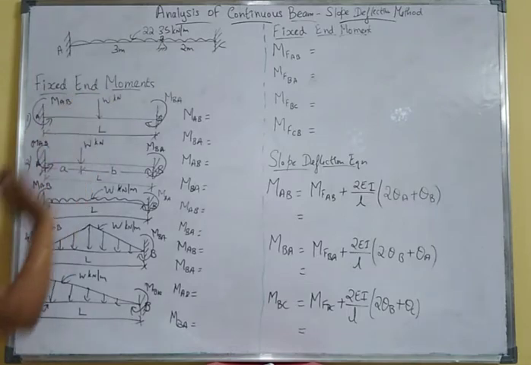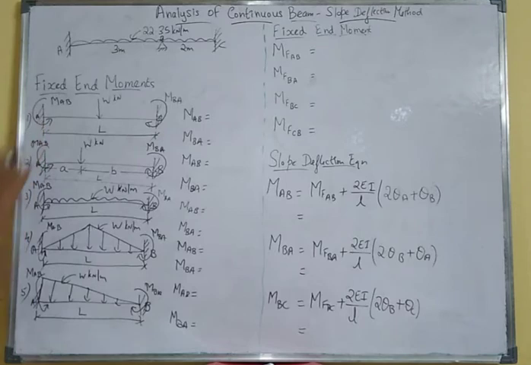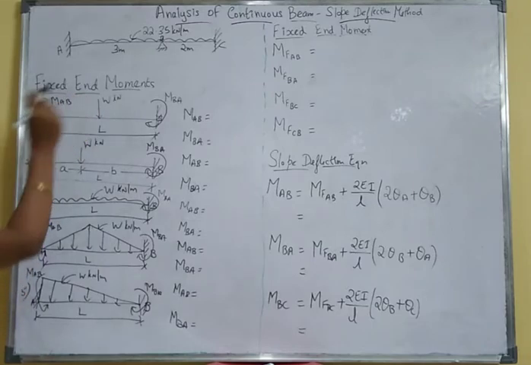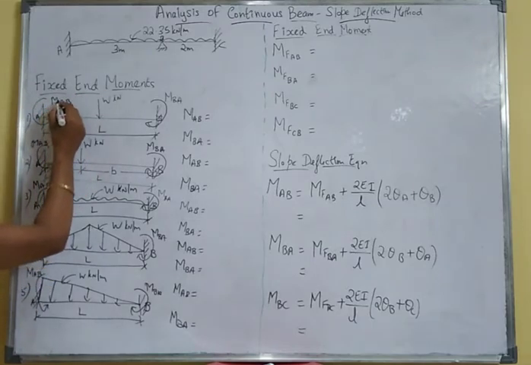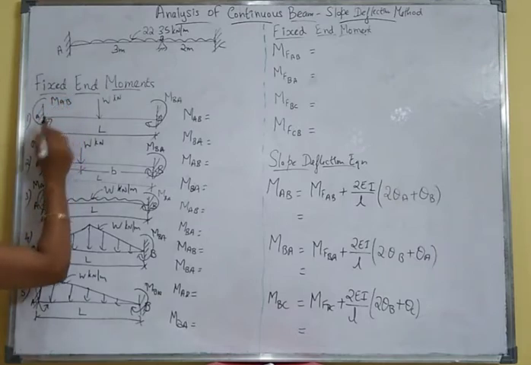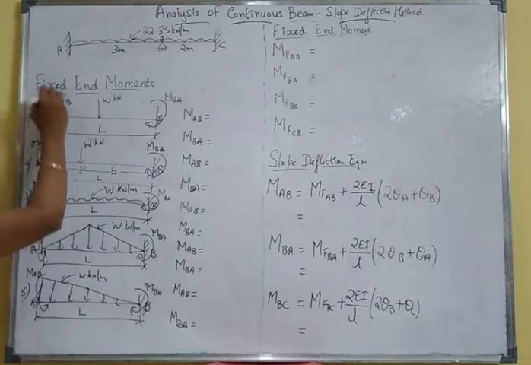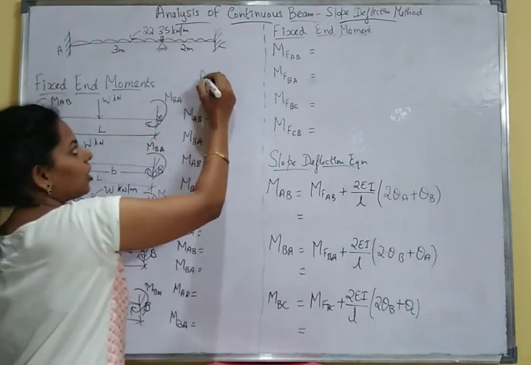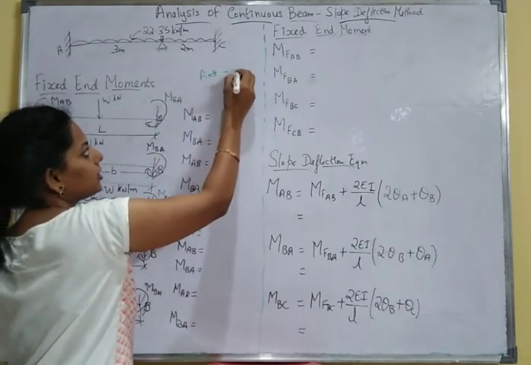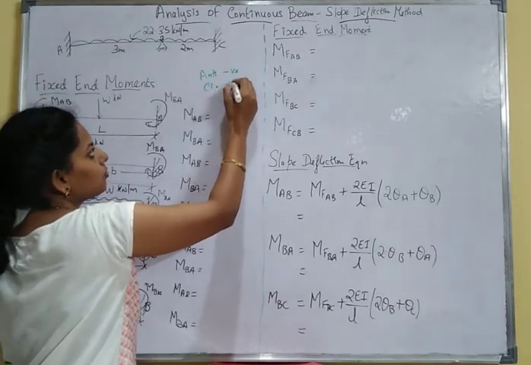Suppose this is your point load, exactly acting at the center. For a point load, if it is simply supported, you have maximum bending moment as WL by 4. In this case, if it is a fixed end, this moment is acting over here, and this is anti-clockwise. Consider anti-clockwise as negative, clockwise as positive.